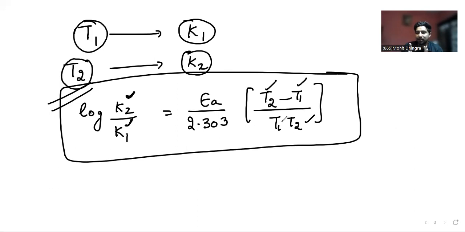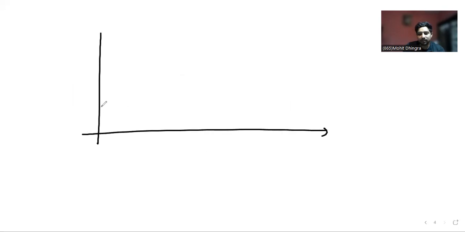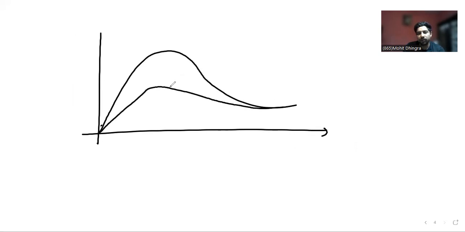So please learn this. If we discuss its graph, what graph will we get?